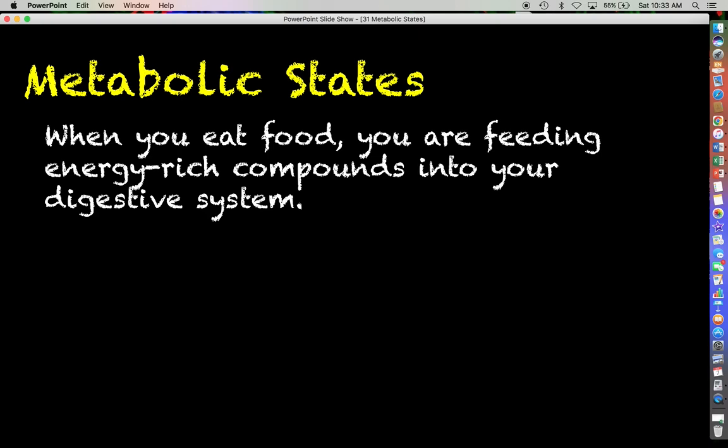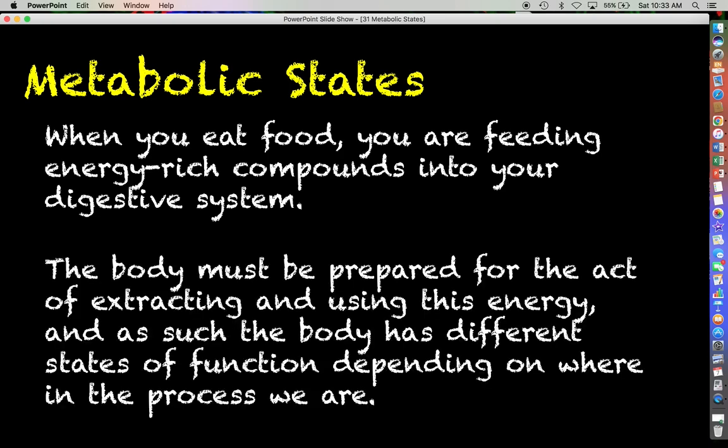Okay, so when you eat food, whether it's a snack or a full-on meal, you are feeding energy-rich compounds like glucose or fatty acids or proteins into your digestive system. So what your digestive system does is break those larger molecules down like proteins and polysaccharides and very large lipid molecules like triglycerides.